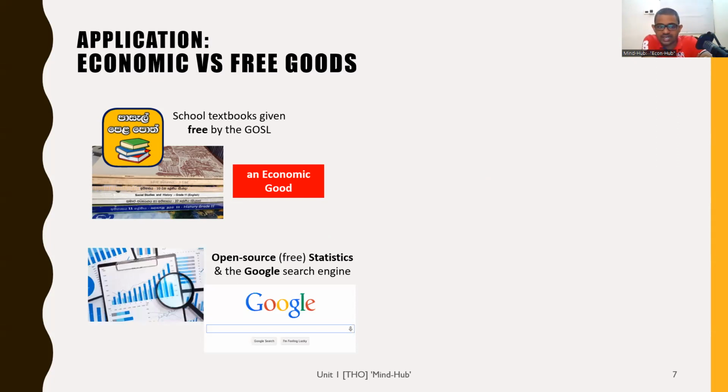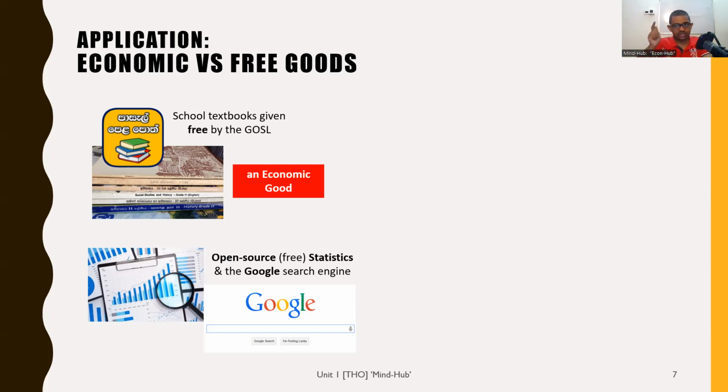Open source or free statistics that you can find from websites, Google, and all that, and the Google search engine itself. You ask Professor Google things, no? When you search something on Google, open source or freely available statistics that you can find, are these economic goods or non-economic goods?